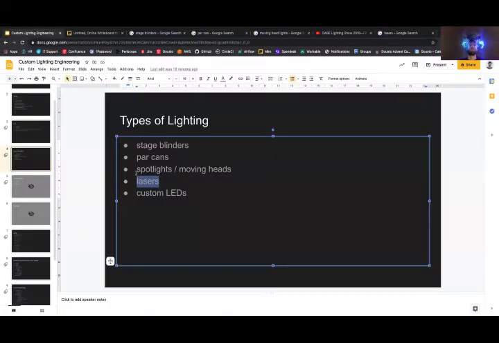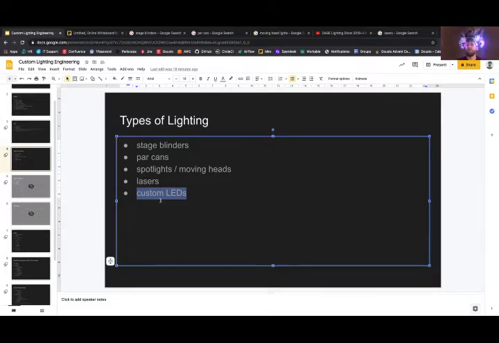What we will be discussing in this course are custom LEDs, okay? Custom light emitting diodes. So what this means is buying base components, so essentially raw materials, electrical circuits, and using them to create your own lighting fixture that you design all the way from scratch.